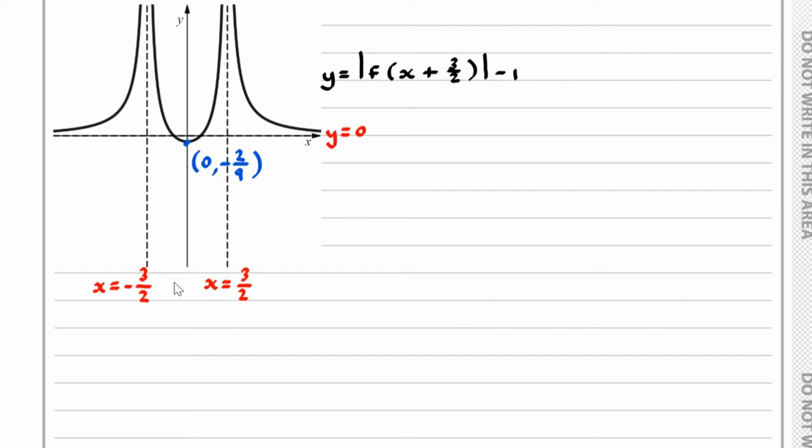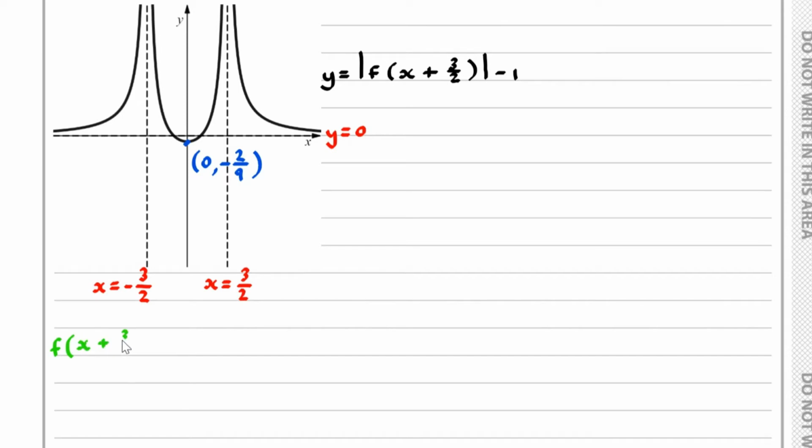Now what we need to do is find out where the graph intersects the x-axis, and we can do this first of all by setting y equal to 0. Now before that, let's work out what f of x plus 3 over 2 is.